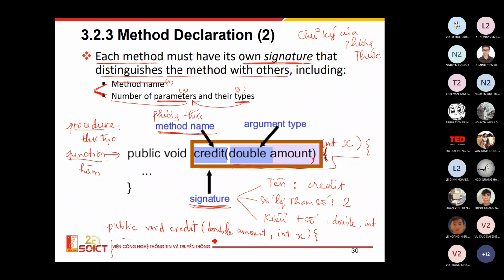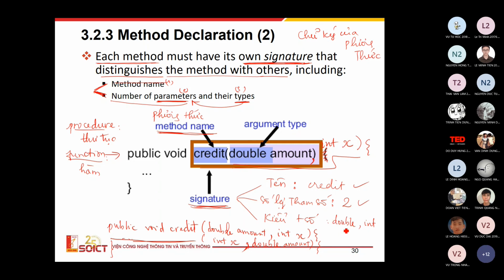So what happens if I have the same here? I have int, sorry, double amount. Like this. The name is still credit. Everything is still the same. The type of parameters is int and double.